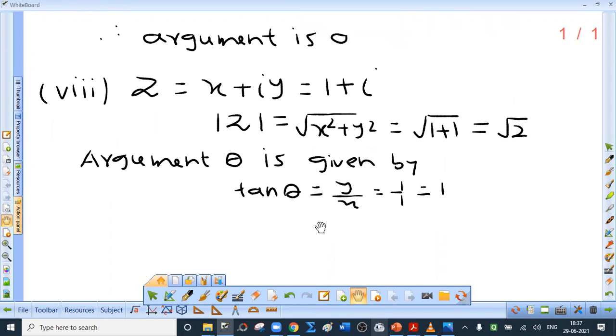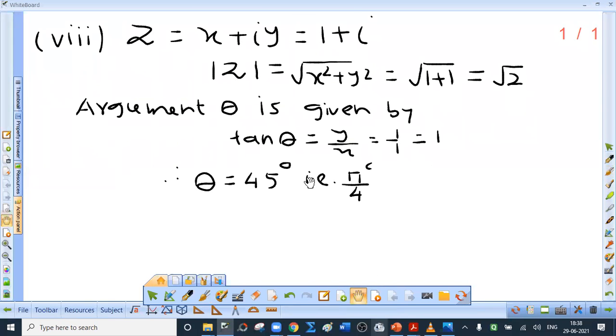So clearly theta is what? 45 degrees, but finally you have to write the answer in radian. That is pi by 4 radian. Okay. I have mentioned the unit, but you can drop this and just say pi by 4. I hope this is clear to you. See, if you have any difficulty, you can ask me.